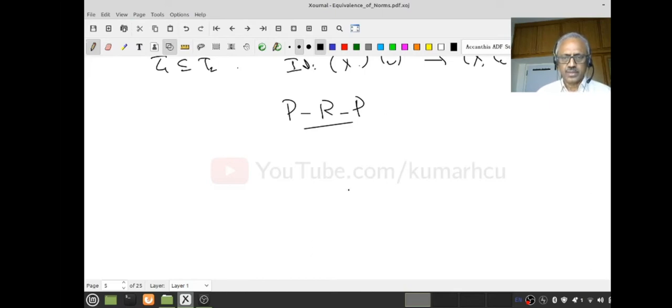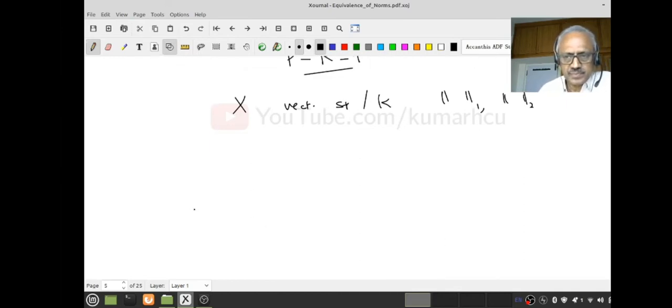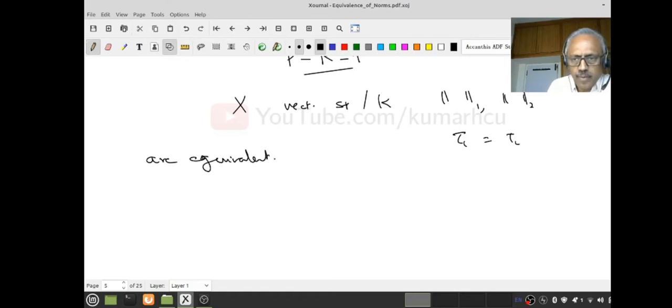Right now, I have a vector space over K, and I have two norms on that. I want to say they are equivalent. That means the topology tau 1 equals tau 2. Let's assume they are equivalent. That means tau 1 equals tau 2.